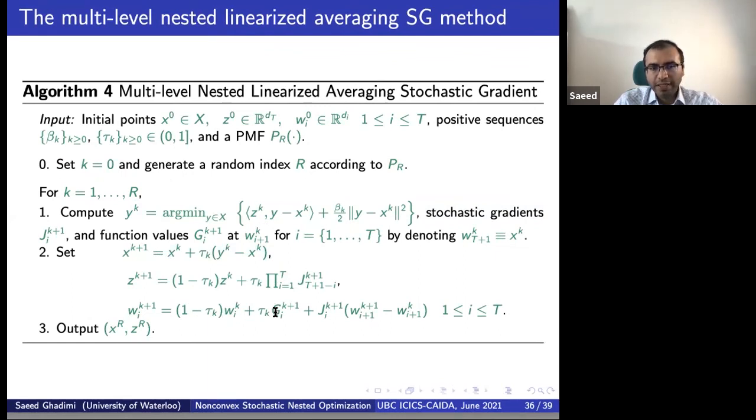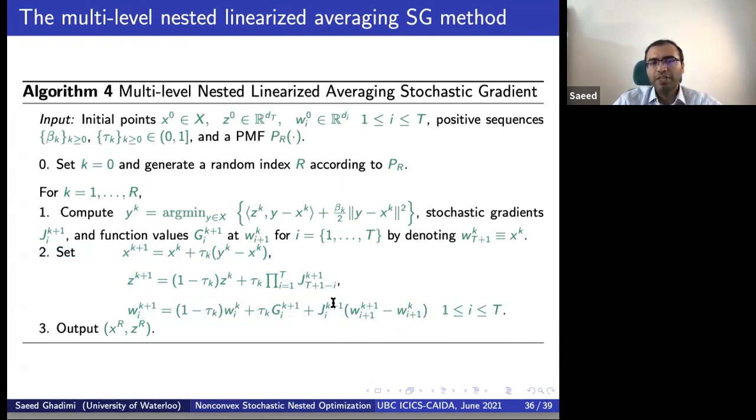But here, instead of taking the convex combination of the stochastic function values, you take the convex combination of the stochastic function value. This is just g_i, not g bar, one sample, but we add this linearization term here.